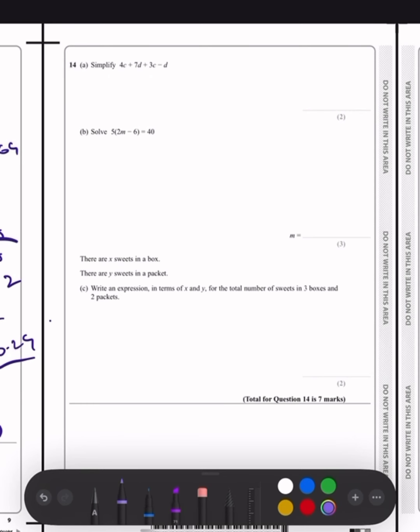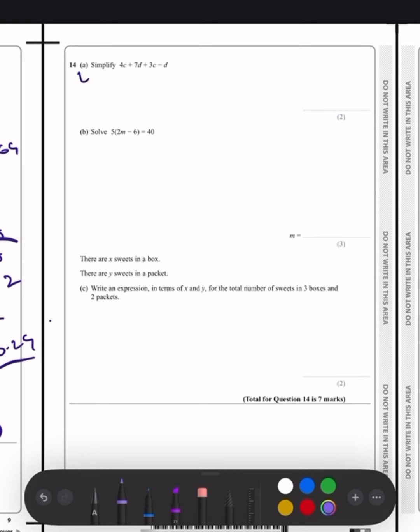As we know, we need to simplify here. We can simply see the algebras here. The first two questions are related to algebras. We need to make our terms here.